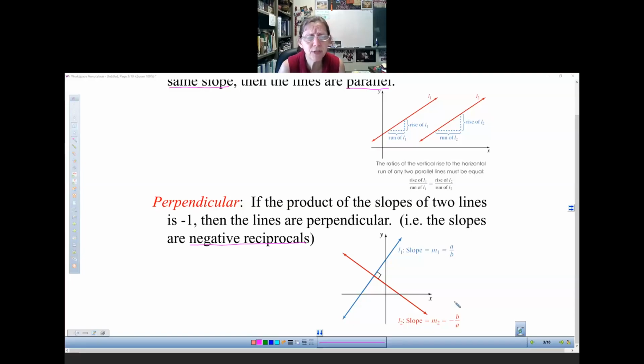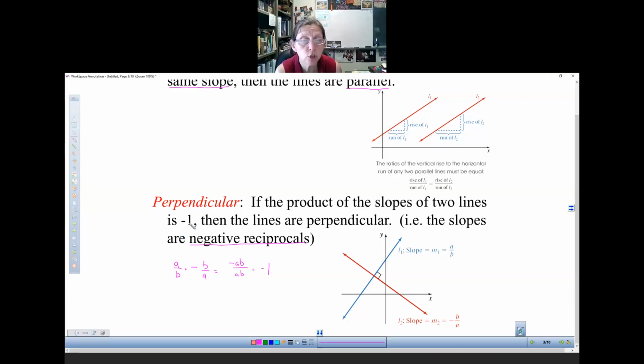So the big thing is, and once again, you can either look at it by saying, if I took a over b times negative b over a, multiplied those together, I would have negative ab over ab, which would simplify to -1. And so that's why we say the product of their slopes is -1.